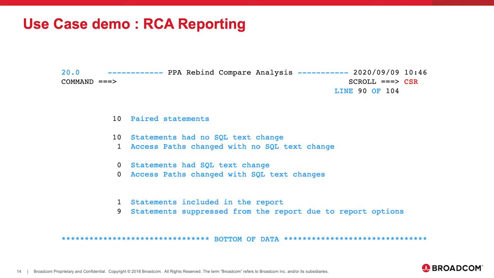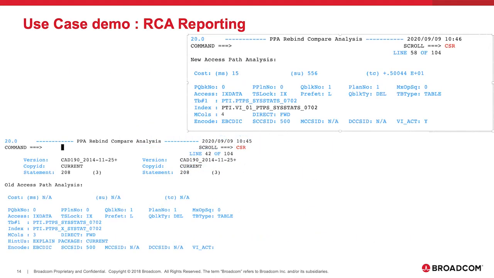Plan Analyzer also shows you the details about this information: the SQL, package, plan, the SQL statement number, and the access path. In the old access path analysis, this statement uses this index with match cols 3.